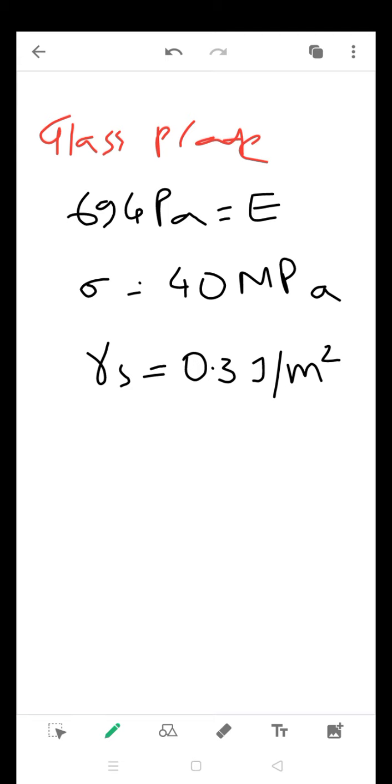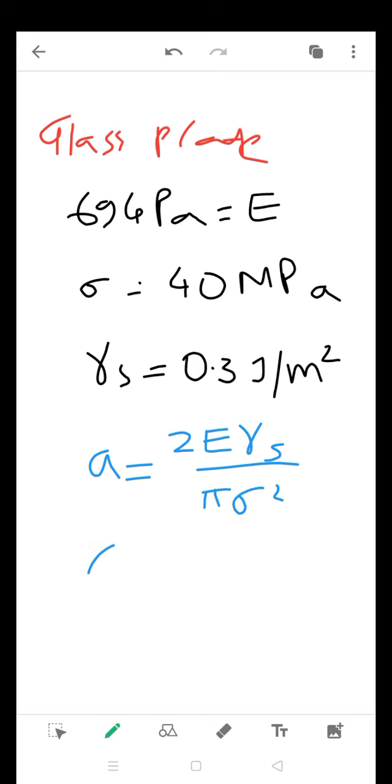Now what we need to find out is the maximum length of the surface flaw possible before the fracture takes place. So we will have to find out the quantity A. Now A is equal to 2E gamma s by pi sigma square.